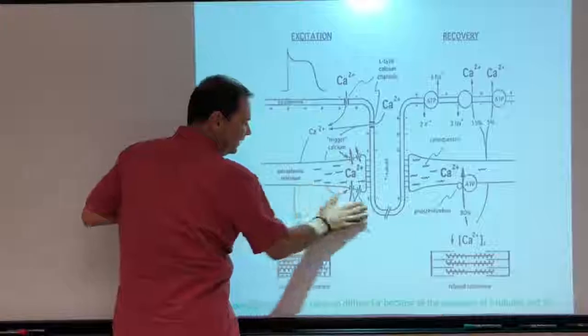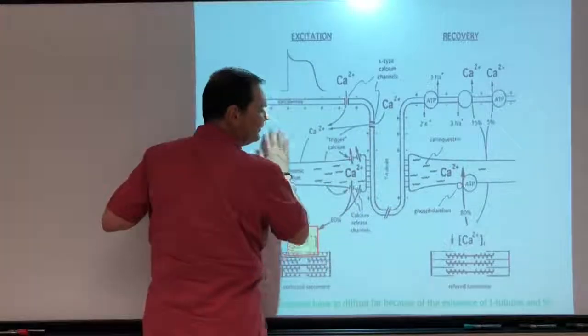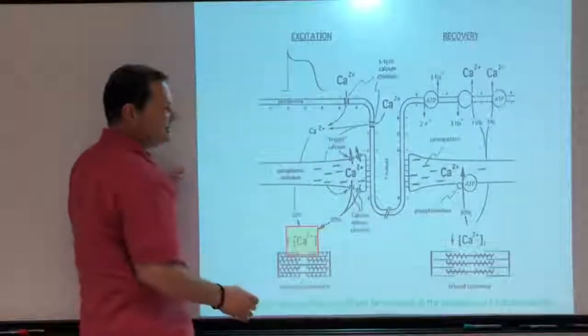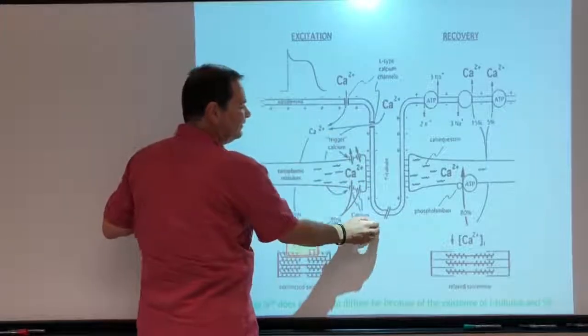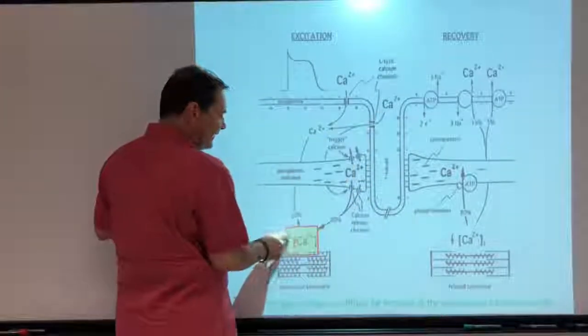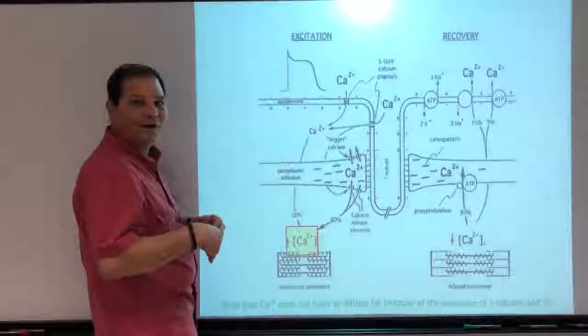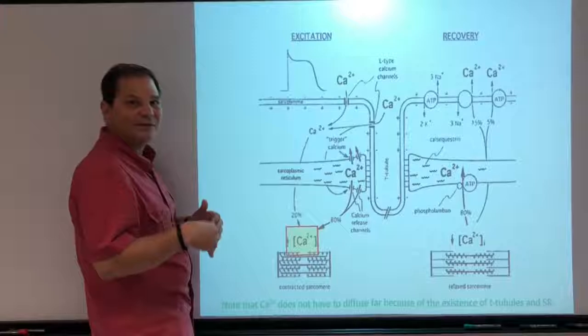The myofilaments are running here through the cell. And so what you're doing is you're causing the action potential to fire really in the interior of the cell, and that's going to bring this calcium in through the L-type calcium channels deep inside the cell, close to the myofilaments, so it doesn't have to diffuse.